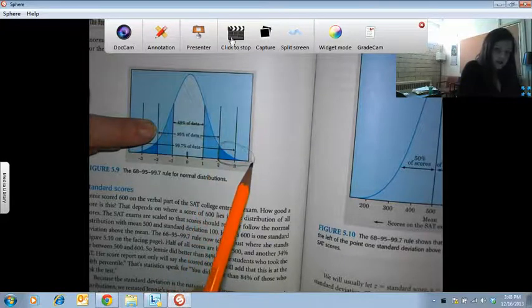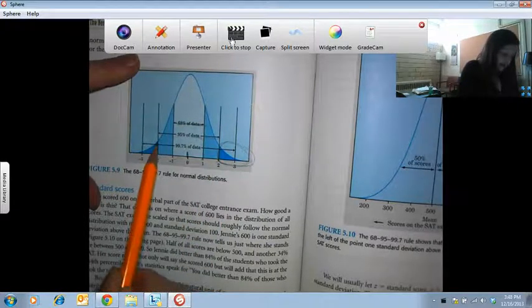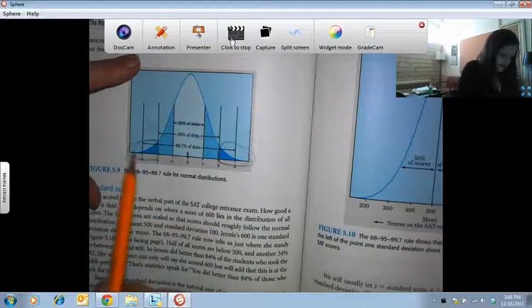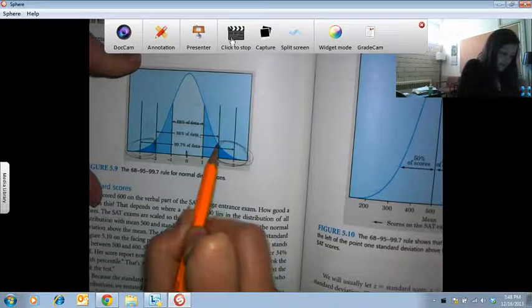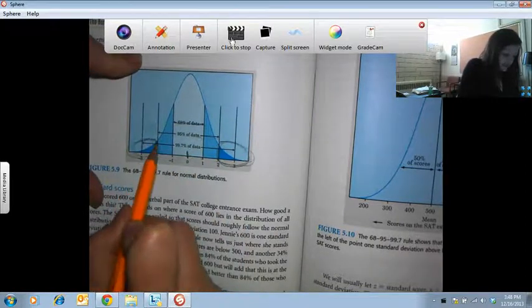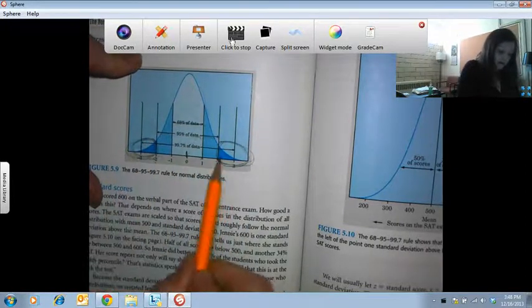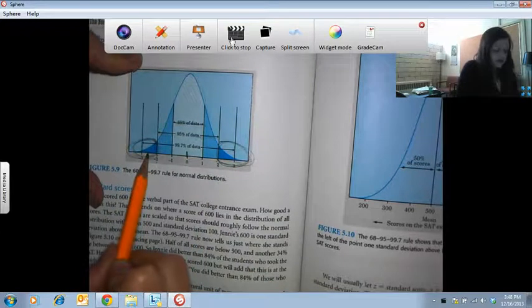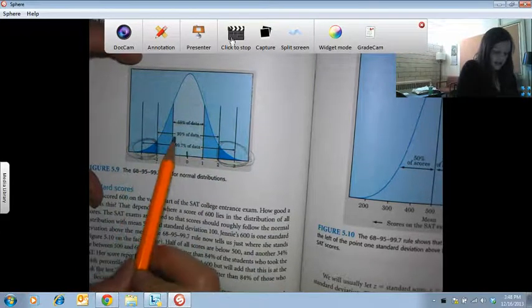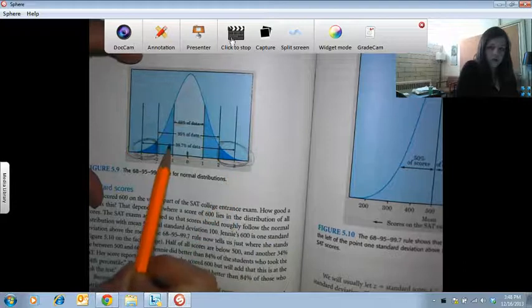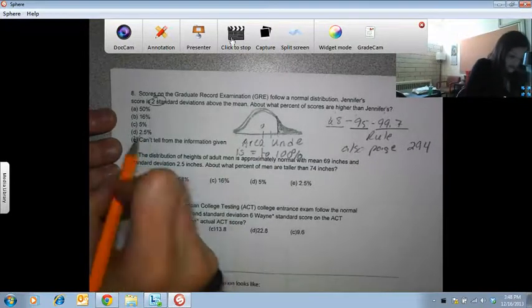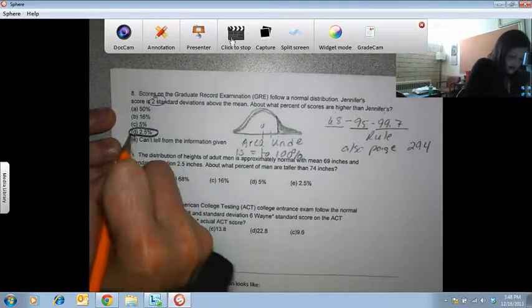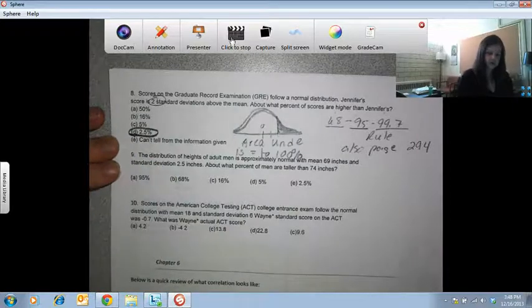It's going to be 2.5% here, and 2.5% here, because 2.5 and 2.5 is going to be 5, and if we add that to 95, we get all 100% of the data. So 2.5% are higher. Okay?